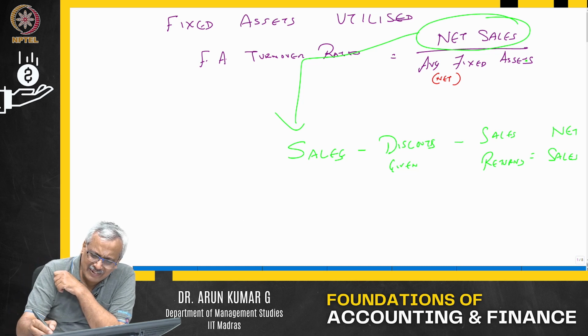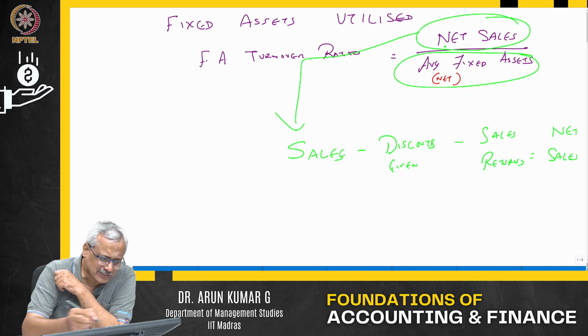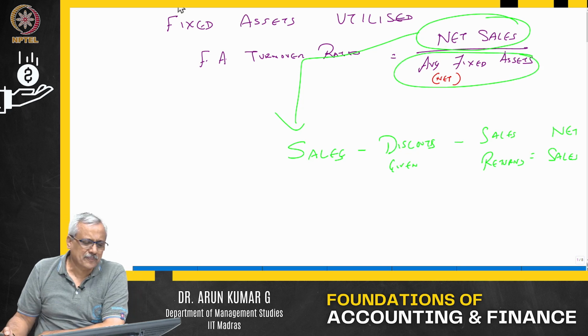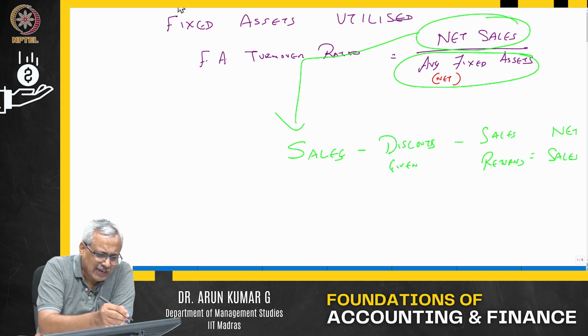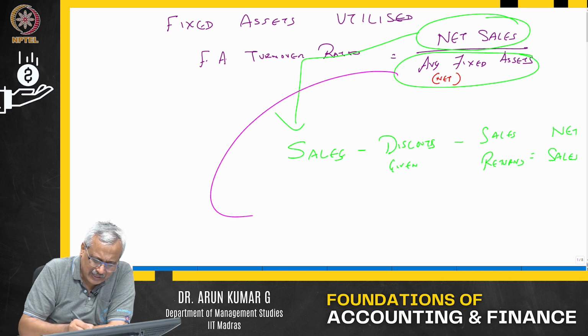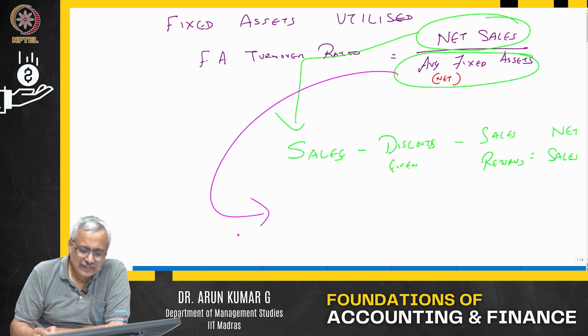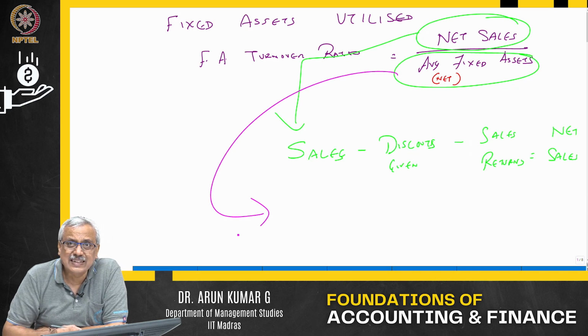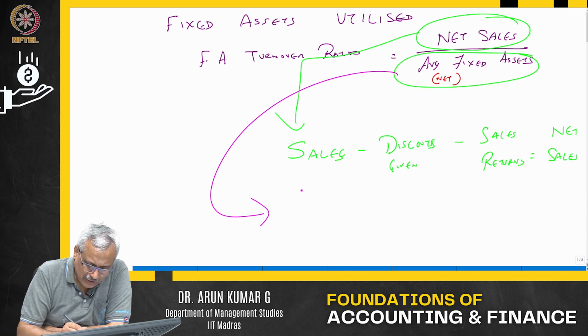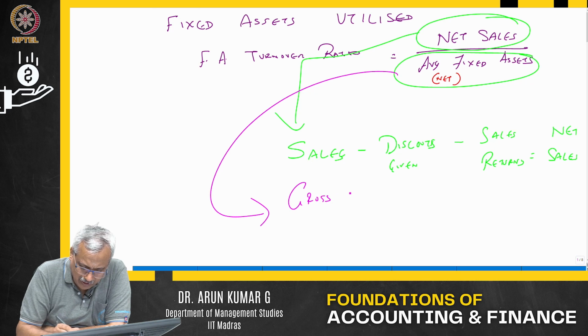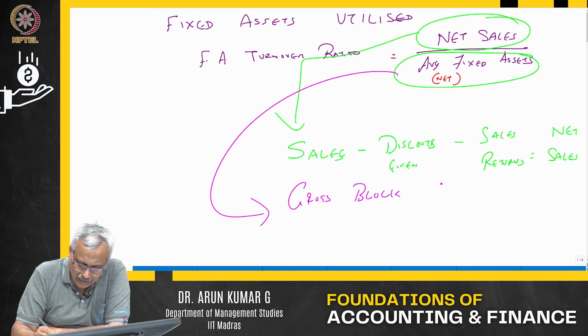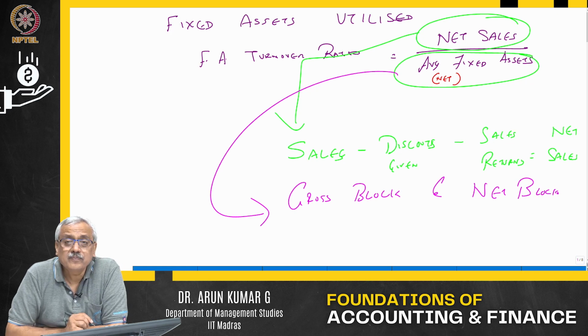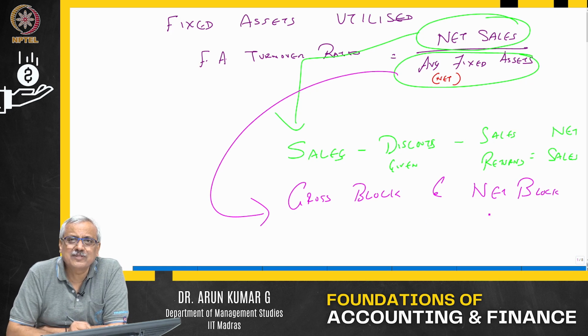When I say average net fixed assets, please note I am going to use a different color here. What do you mean by average net fixed assets? When we discussed the balance sheet, we spoke of gross block and net block. What is the difference between gross block and net block?